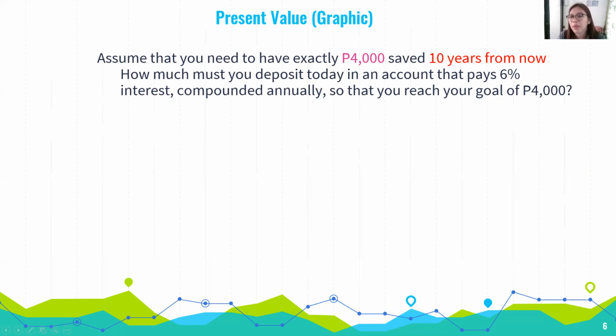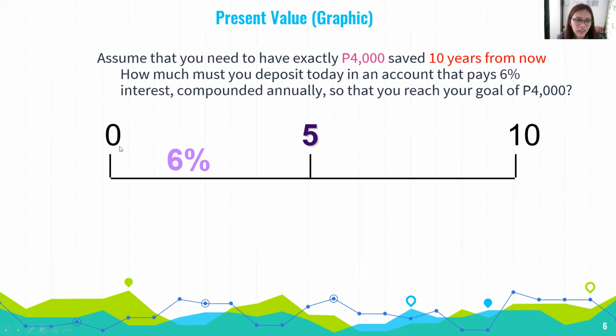Okay, how much do you deposit today? Ayan yung tanong ko kanina, di ba? How much do you deposit today in an account that pays 6% interest compounded annually so that you reach your goal of 4,000 after 10 years?